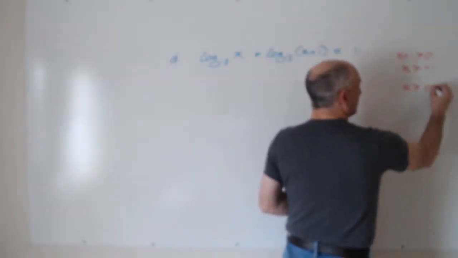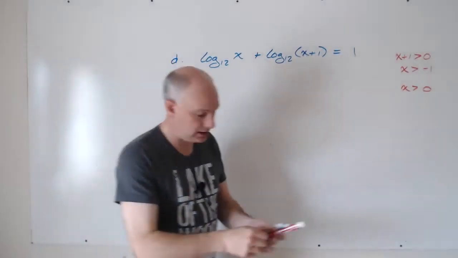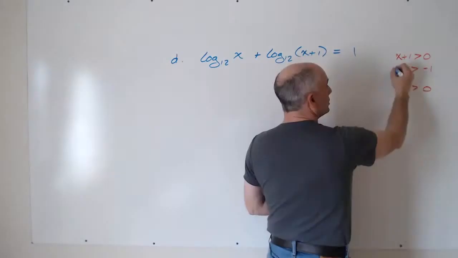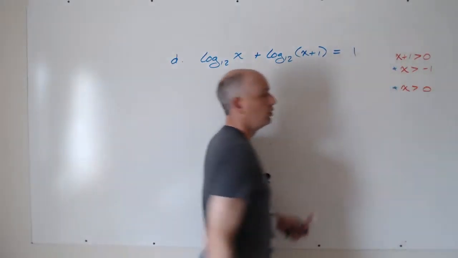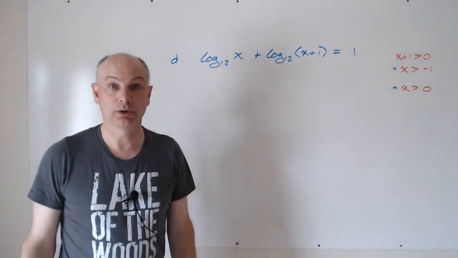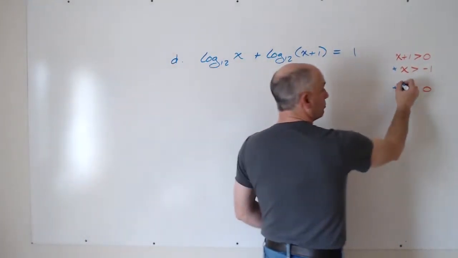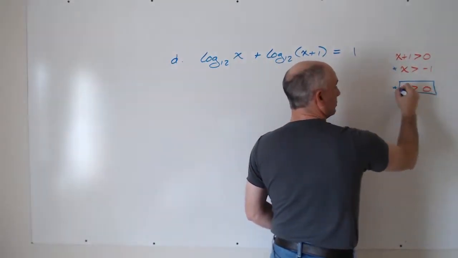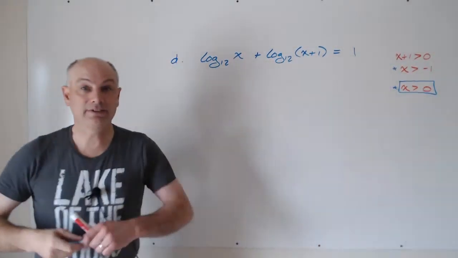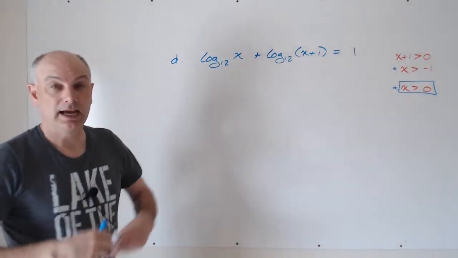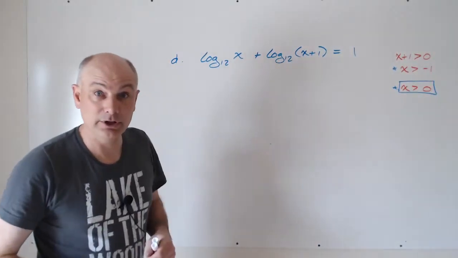When I take a look at these two restrictions, which one will encompass both? It will be when x is greater than 0. So when I finish my problem, I've got to check: does it fit that restriction?